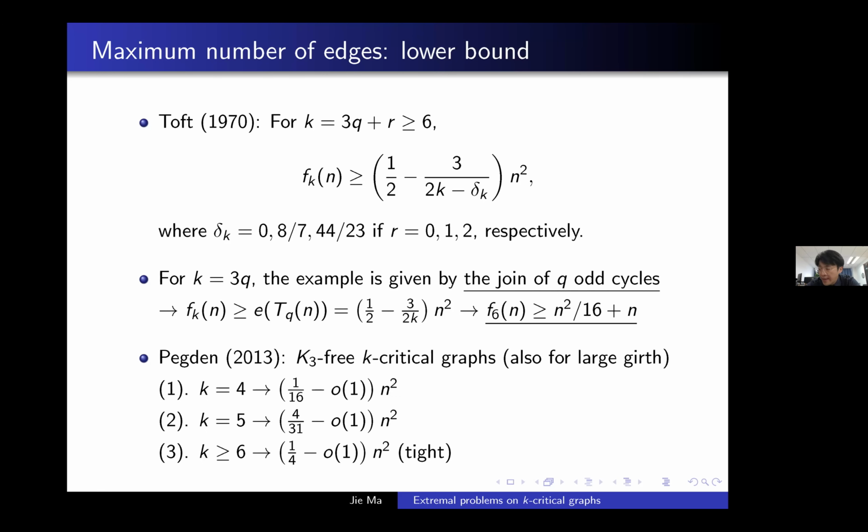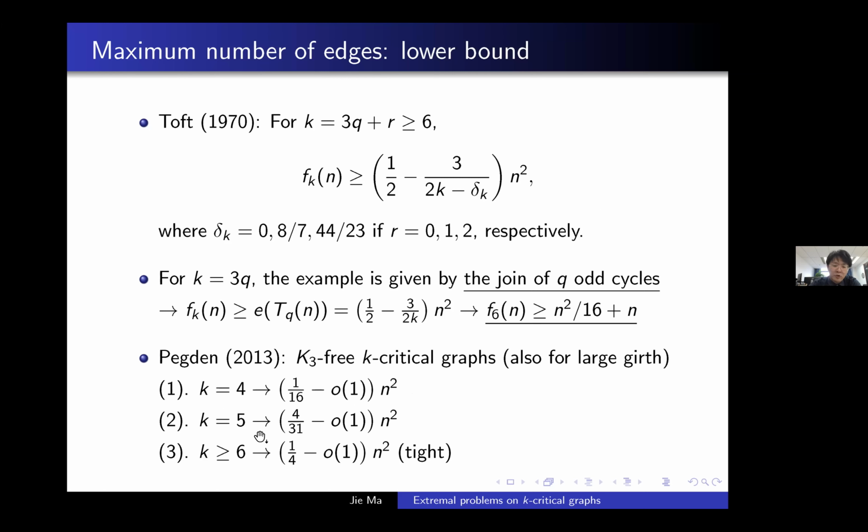And then in the year of 2013, Pickens found a new construction. In his construction, he was mainly interested in triangle-free k-critical graphs. So what he gives, for k equal to 4, is the same bound, 1/16 times n squared, but we need to subtract an error term.